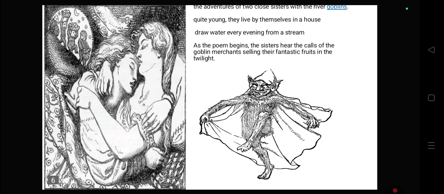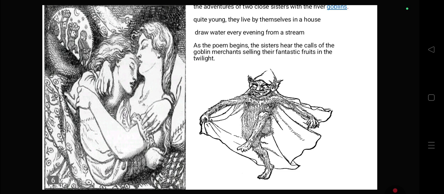So it talks of the adventures of two close sisters with the river goblins. Goblins are known or expected to be found near rivers, so the river also has a pivotal role in this poem. Quite young, they live by themselves in a house.